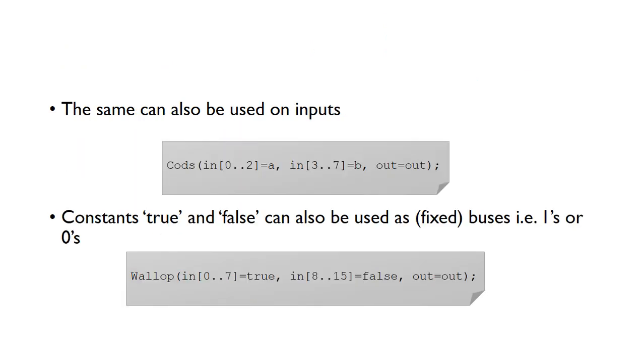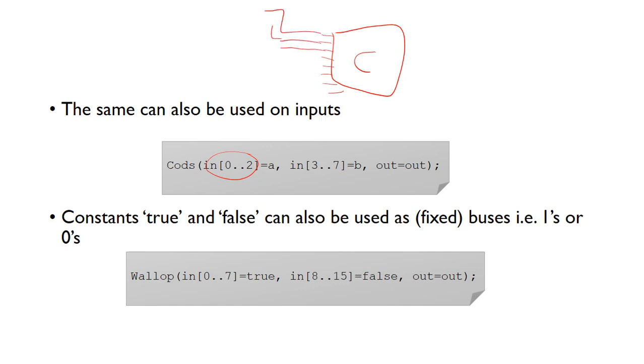We can also do this on inputs. So for example, here is a part called cods. This has got 8 inputs. Bits 0 to 2 you want to connect to A, say, so A will be a 3-bit bus.